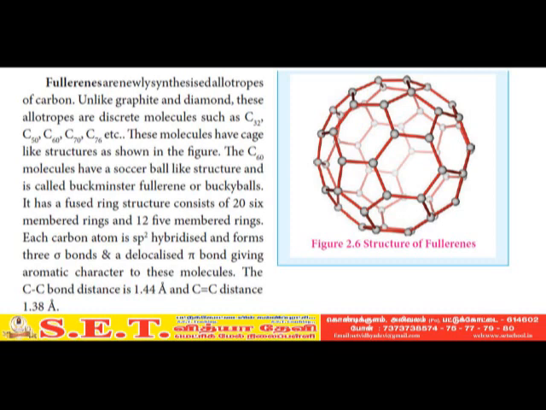Each carbon atom is sp2 hybridized. It forms 3 sigma bonds and one delocalized pi bond, and it has aromatic character also. The bond distance between carbon and carbon is 1.14.